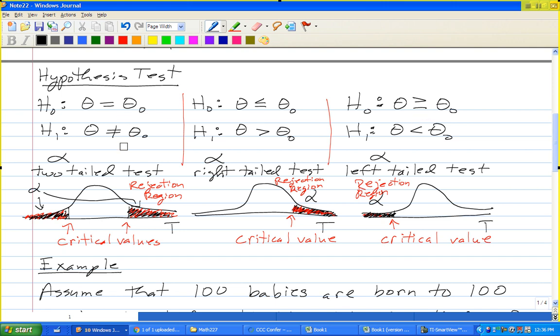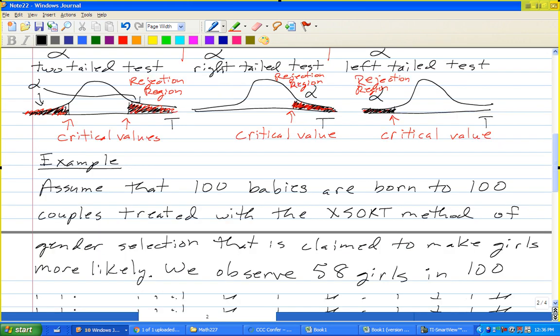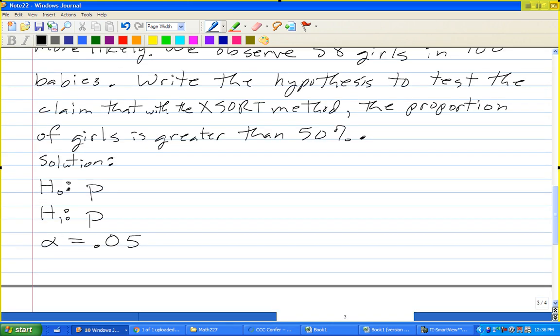So whatever doesn't have an equal sign will be the alternative hypothesis. It says greater than, so I'll put greater than 50%, so 0.5. Now, I always do the opposite. The opposite of greater than is less than or equal to. And that is my hypothesis test. Okay.